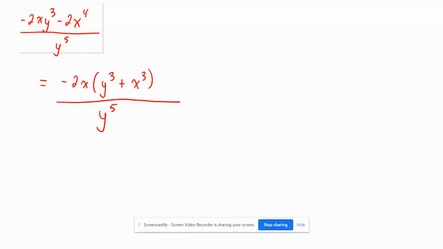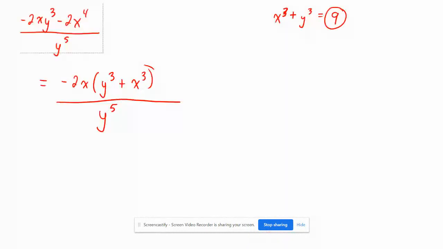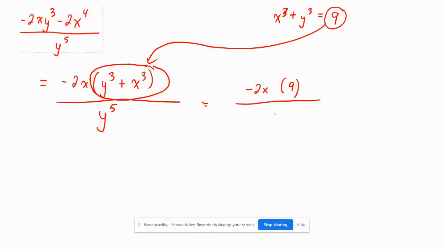Now, the other thing, which happens often in these questions as well, is that if we look at our original equation, it was x cubed plus y cubed equals 9. So this 9 is going to replace this y cubed plus x cubed over here, which equals negative 2x times 9 over y to the 5th.